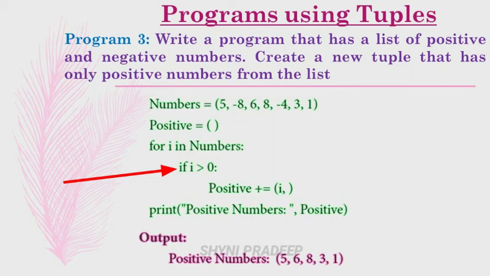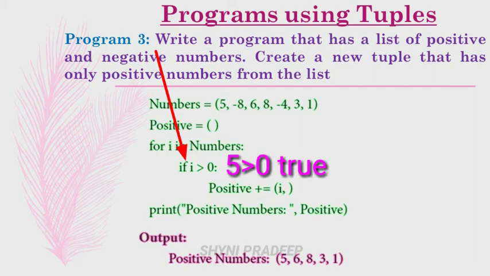Okay. So if that number is greater than 0, then you have to add that number in the positive list. Okay. So first you are taking the first value, that is 5. Check the condition. 5 is greater than 0. Yes, 5 is greater than 0. So you have to add that value in the positive list.